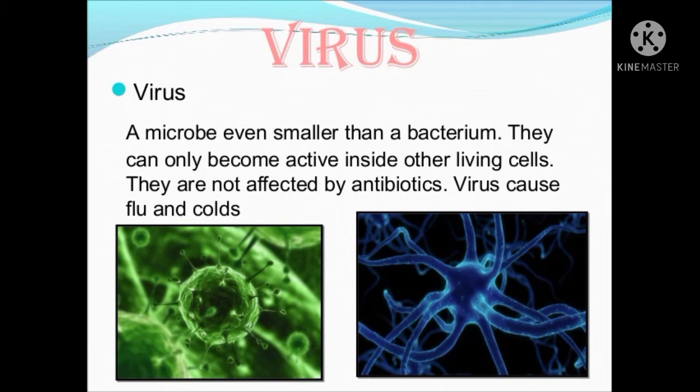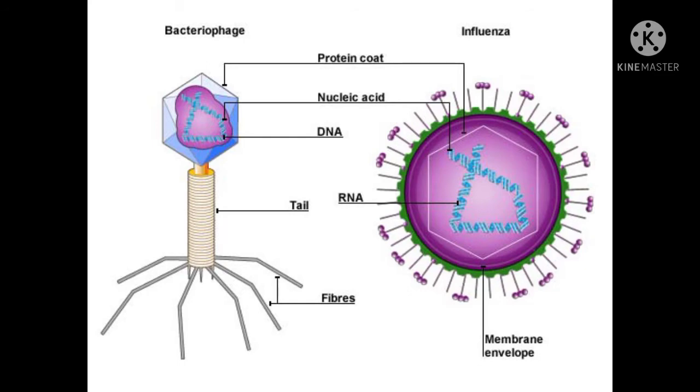Now, the smallest microbe is the virus, even smaller than the bacteria. Now this is the structure of the virus, okay. This is a bacteriophage, and you can see here, first is the head, which is diamond shaped, the protein coated head, okay.